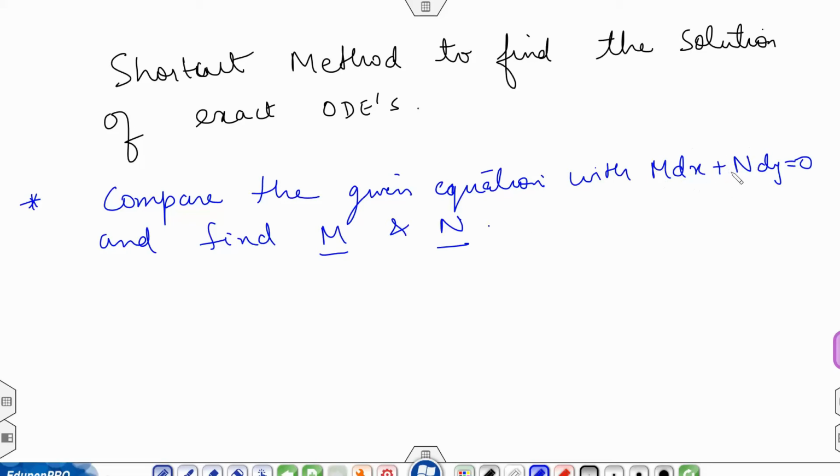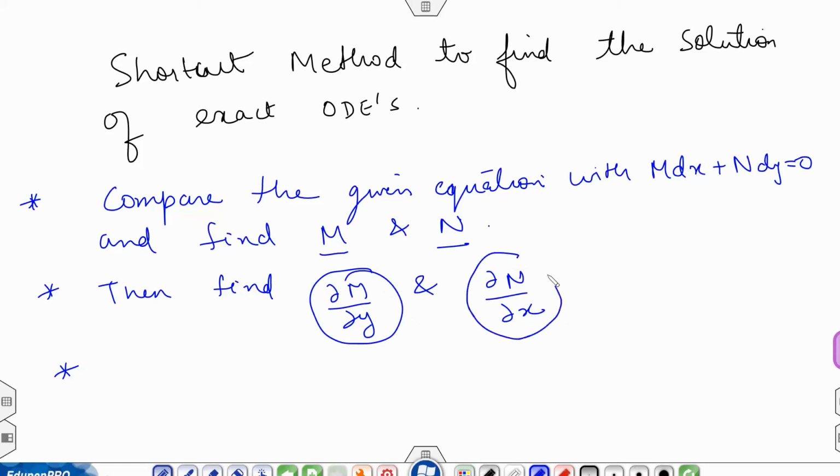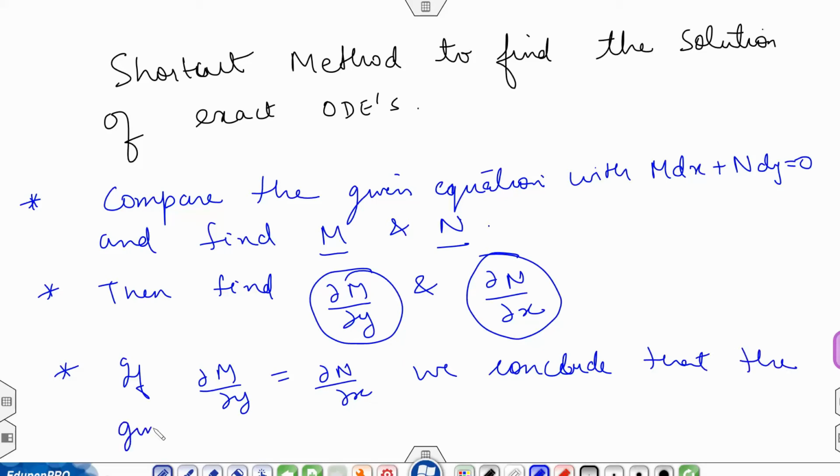Then find del m by del y and del n by del x. Now what is the third step? If del m by del y is equal to del n by del x, we conclude that the given equation is exact. This you have done in the previous example also.